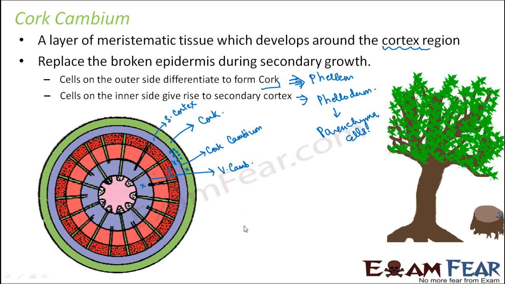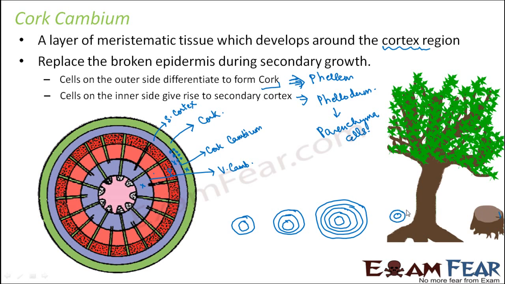So when we started, there was only primary xylem and primary phloem. That's all. Then we had primary xylem, cambium, and then primary phloem. Then we have primary xylem, secondary xylem, cambium, then secondary phloem, and then primary phloem. Then, starting as primary xylem, then secondary xylem, then vascular cambium, then secondary phloem, then primary phloem.